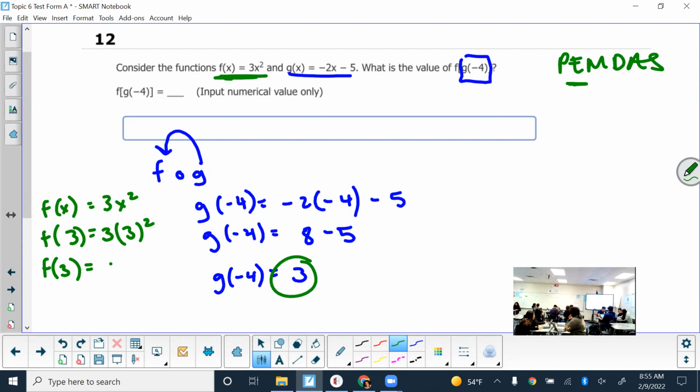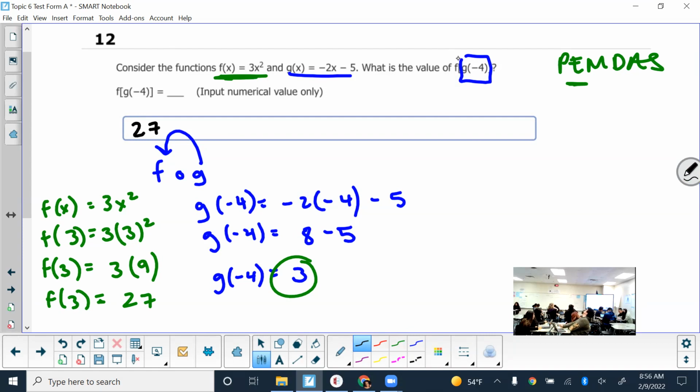So what is 3 squared? 9. And then we get 3 times 9. So now we multiply, which equals what? 27. That's why the correct answer that you should have typed in is 27.